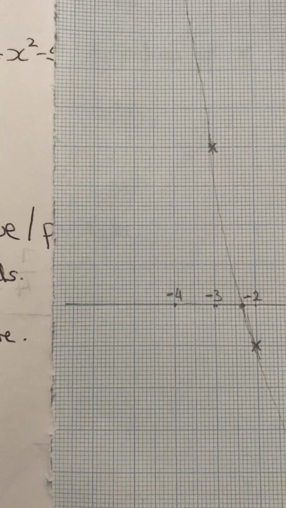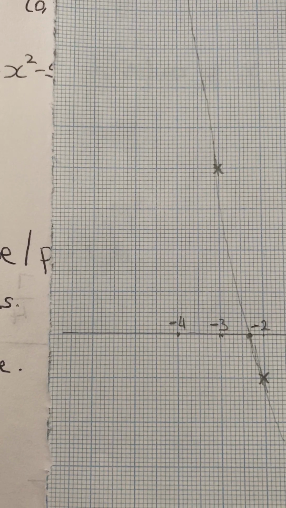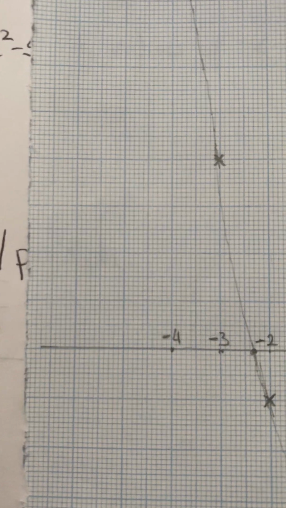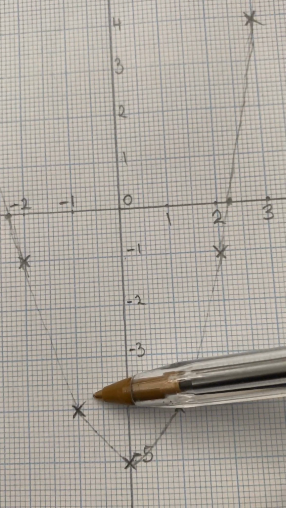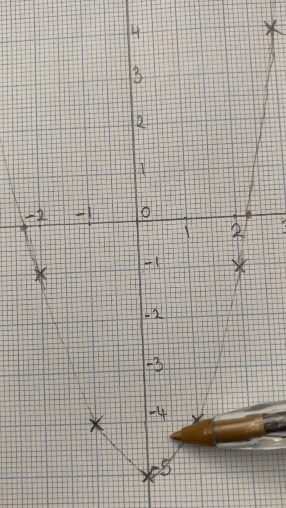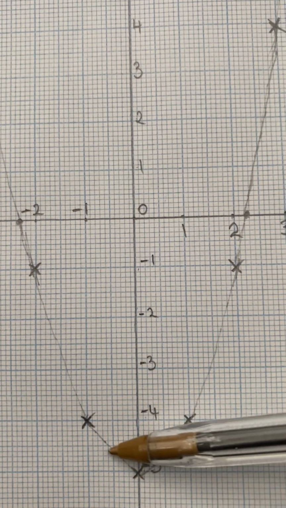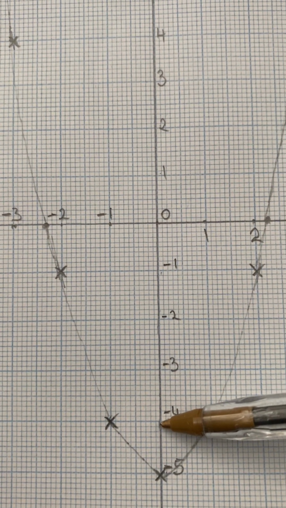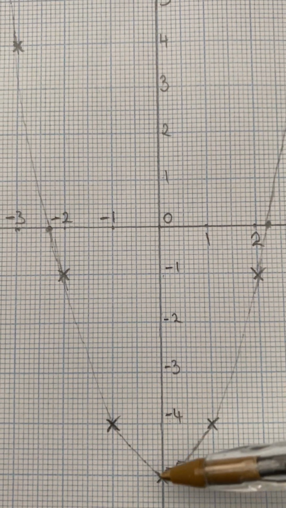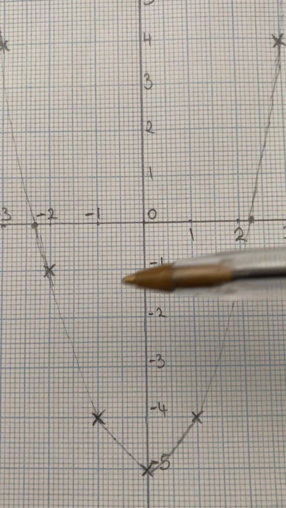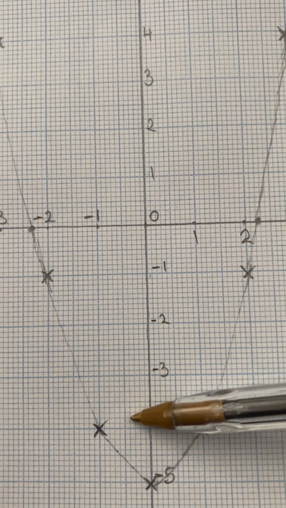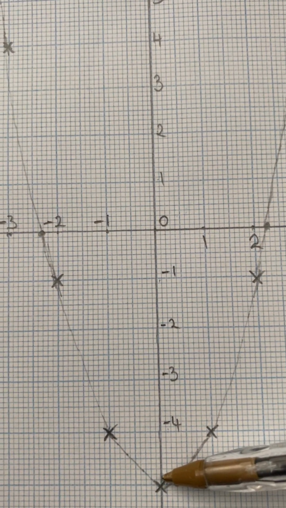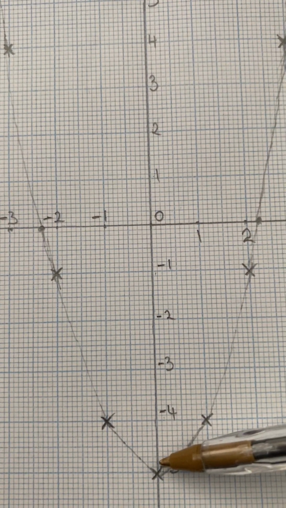Now, drawing the quadratic curve is tricky. I had to use freehand here. So what I try to do is to draw the curve this side at the turning point. We know it's positive and it's going to open upwards. So it's a curve, it's not a straight line. It's a quadratic graph or a parabola.